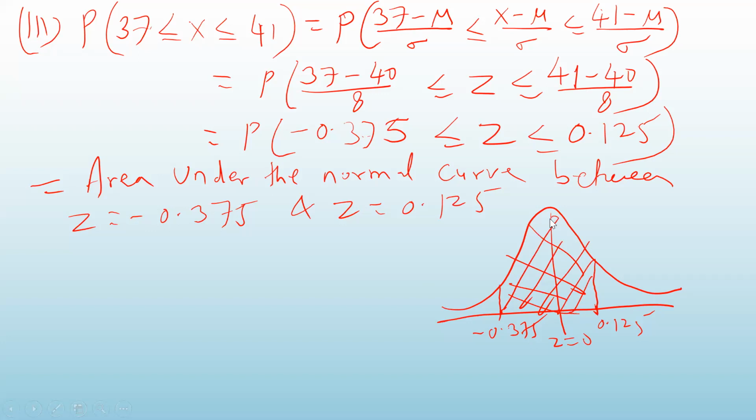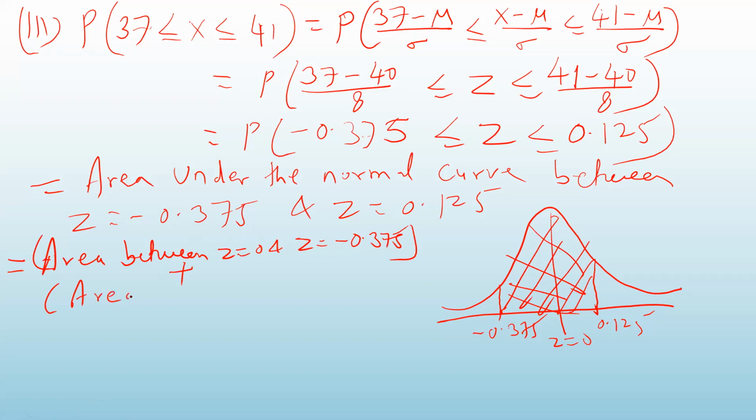What I'm going to do is this: this entire area will be the same as the area between z equal to 0 and minus 0.375 plus the area between z equal to 0 and z equal to 0.125.